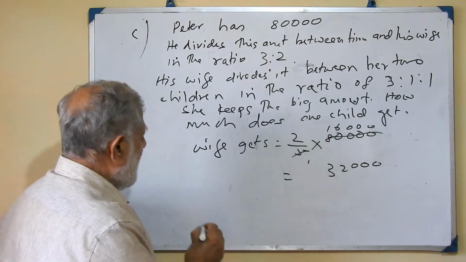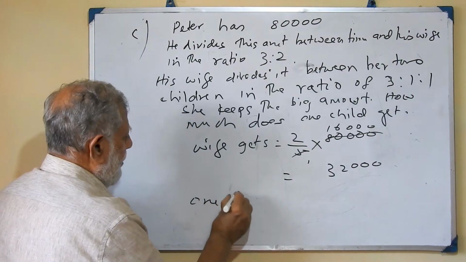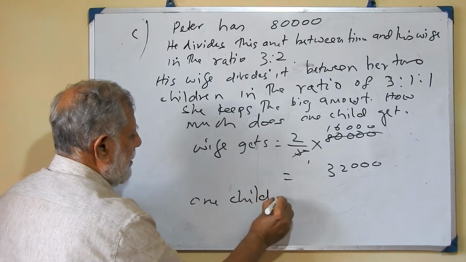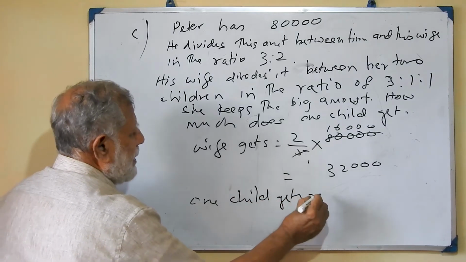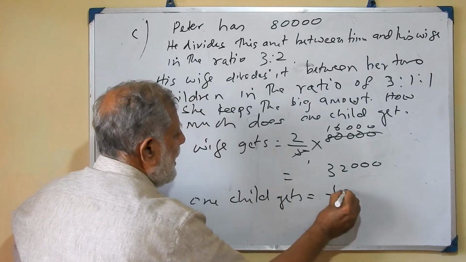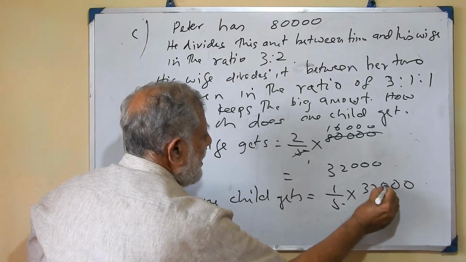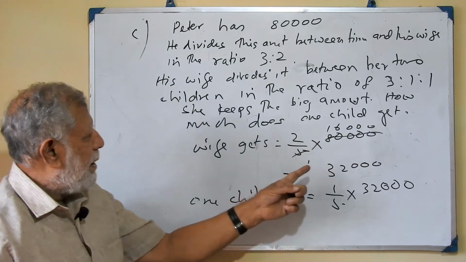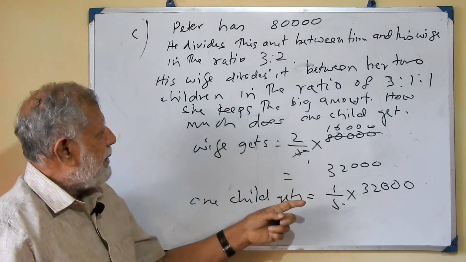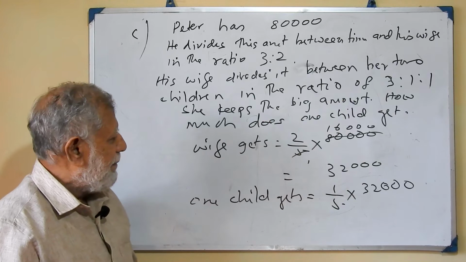So one child gets 1 out of 5 into 32,000. 32,000 is the whole amount that the wife is getting, and the child is getting 1 out of 5.